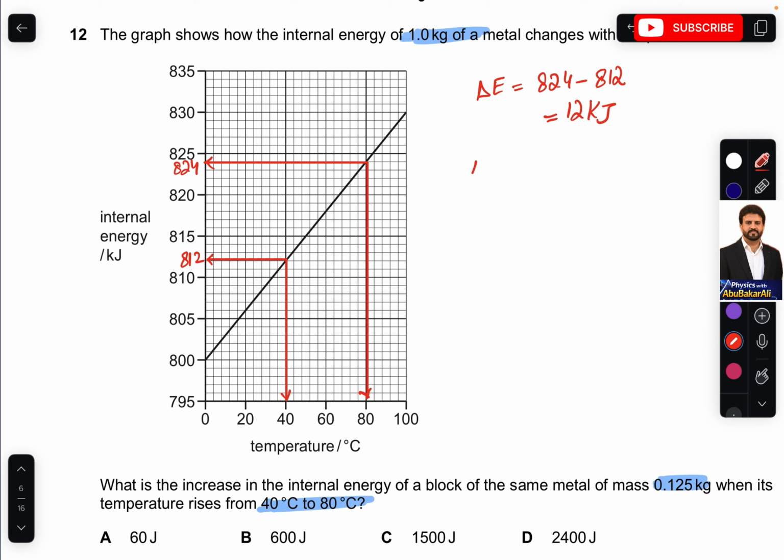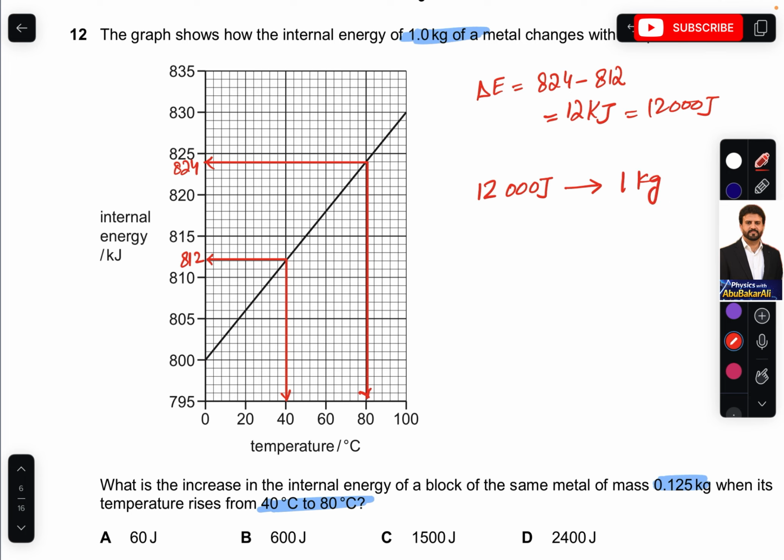So change in energy for 1 kg is 12 kilojoules, right? So we can use the ratio method as well. So that is 12,000 joules. The energy changes 12,000 joules when the mass is 1 kg.